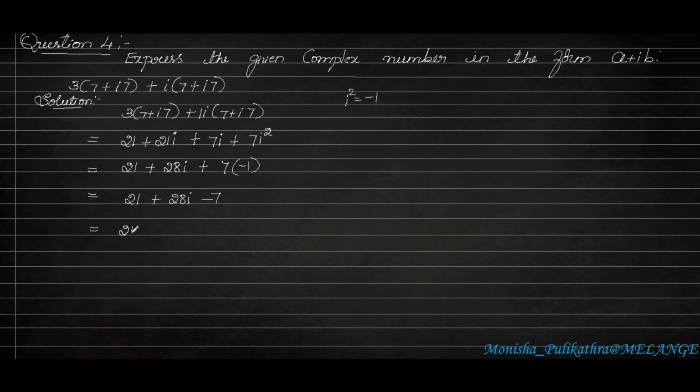So we can write 21 minus 7 plus 28i. 21 minus 7 is 14, plus 28i. So 14 plus 28i is in the form of a plus bi, or a plus ib, in complex form. Okay. So this is the way of reducing it into a complex number form. I hope you understood this.